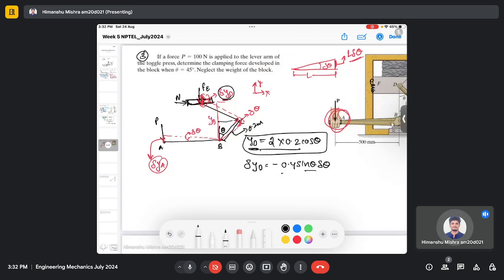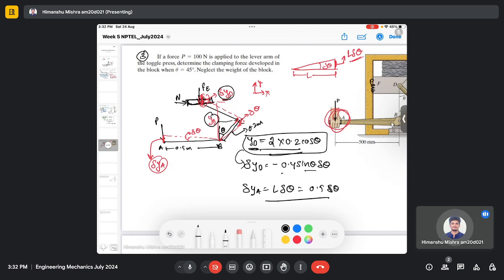Because I know yd is 2 multiplied by 0.2 cos theta, and on differentiation I get 0.4 sine theta del theta. For del ya, it's straightforward, which is L del theta, and this distance is 0.5 meter, so it will be 0.5 del theta. So this is my del ya.